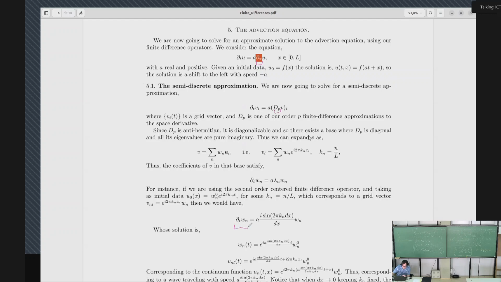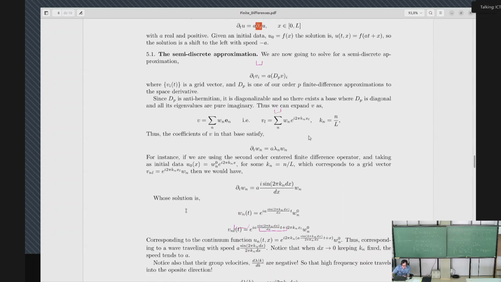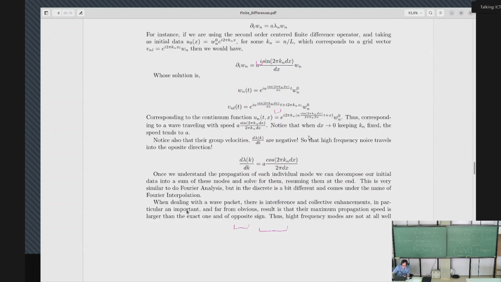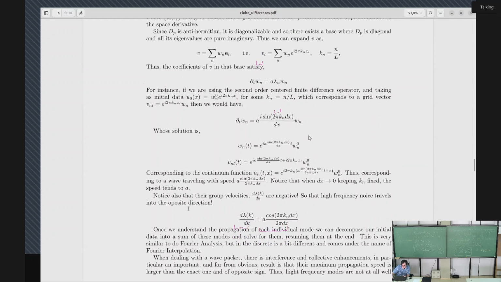The time derivative of an eigenfunction will be a times this factor here times the eigenfunction. And when you solve this, this is a constant, so this will always be some exponential. This is the solution that we are having.